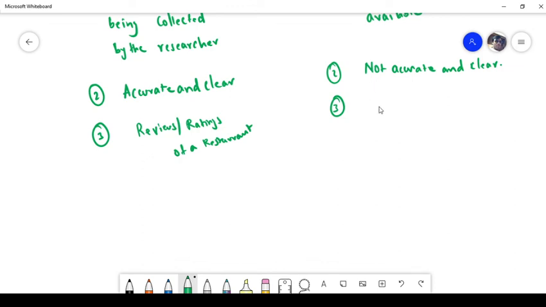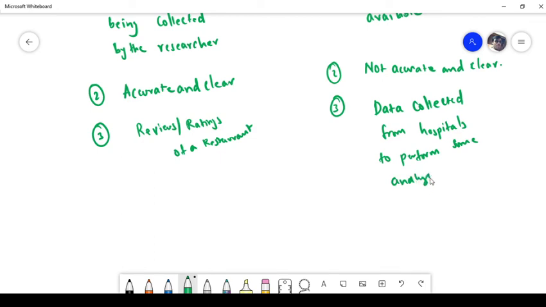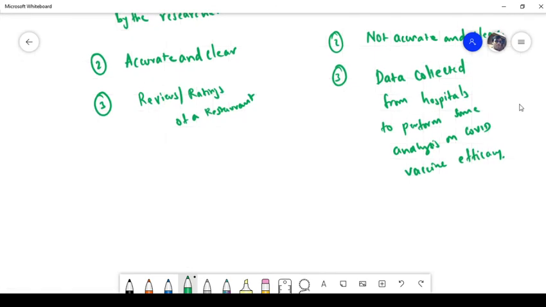So data collected from hospitals to perform some analysis on COVID vaccine efficacy is secondary data collection.